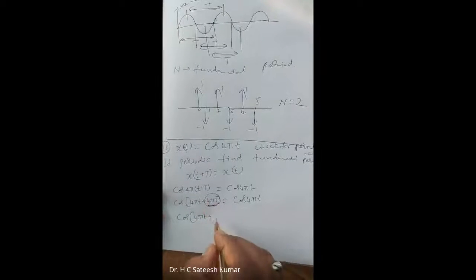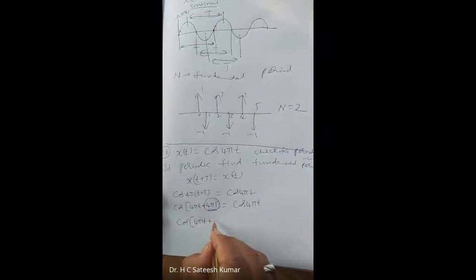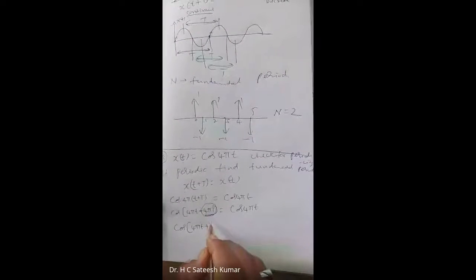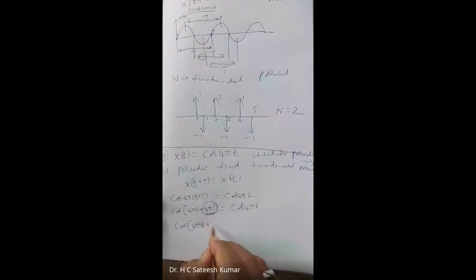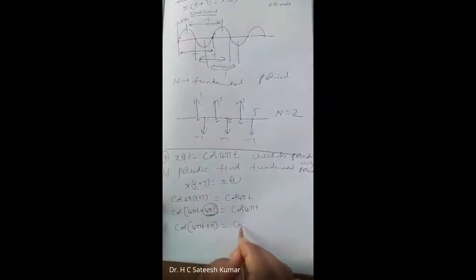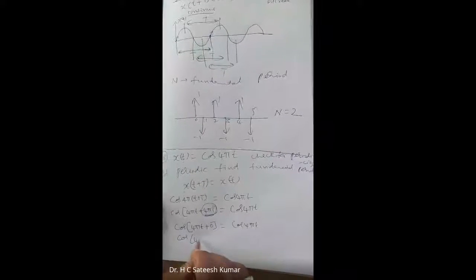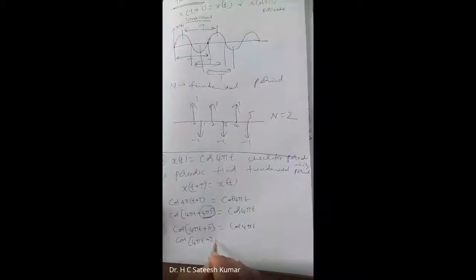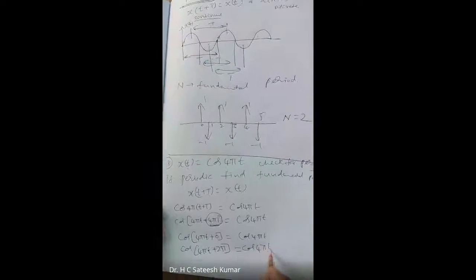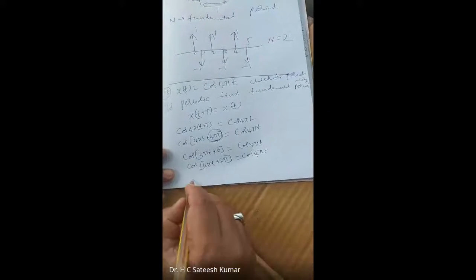Cos of 4 pi t plus 2 pi is also cos 4 pi t, because we all know that cos of 360 plus theta is cos theta itself.